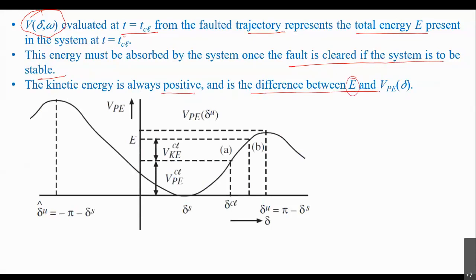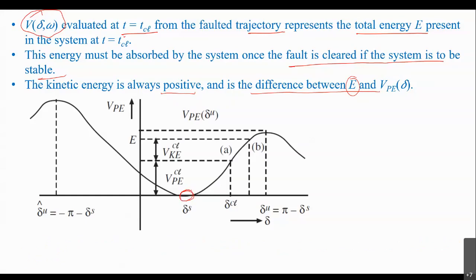Now we can see this characteristic, how the potential energy varies as the fault is cleared. Here the point delta S is the stable equilibrium point.